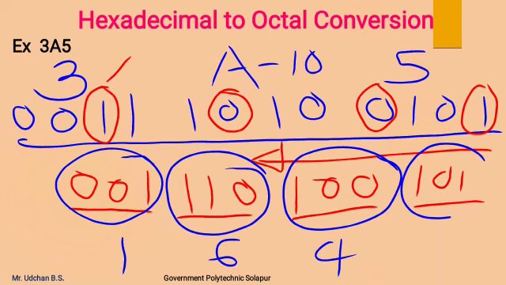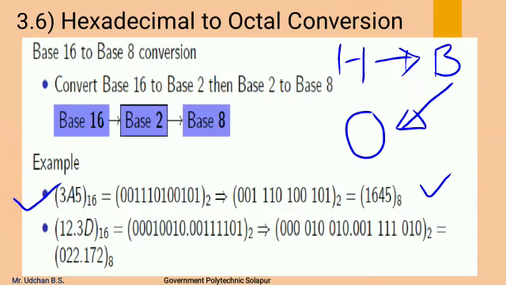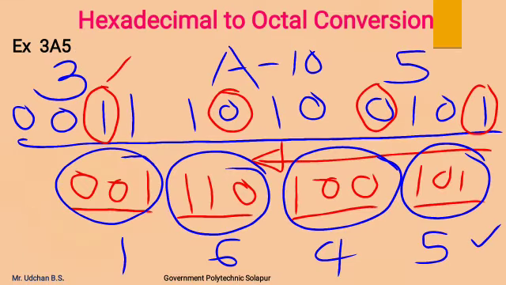And for the last, 101, we will get 5. So for 3A5 we get 1645 as an octal number. This is what the answer is written over here, 1645.